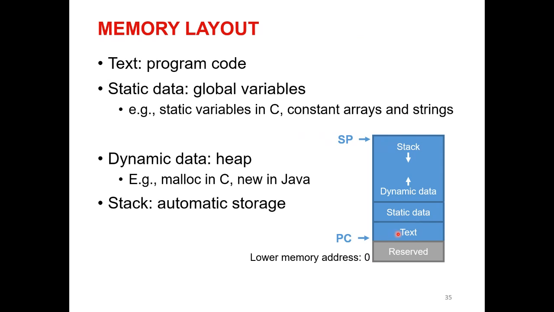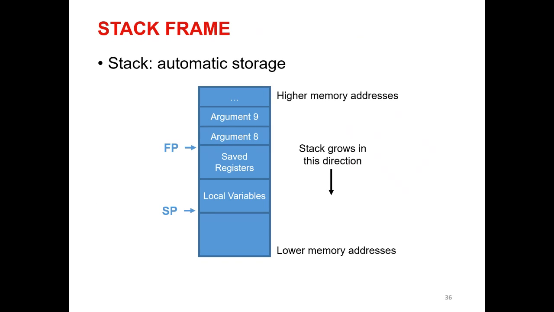So here in the text segment, as you have seen in the labs, is my program. Here I will have static data, and then we'll start the dynamic data and the stack. Okay. And this is what I have mentioned, that we have higher memory addresses, lower memory addresses, and the stack grows from up to down.